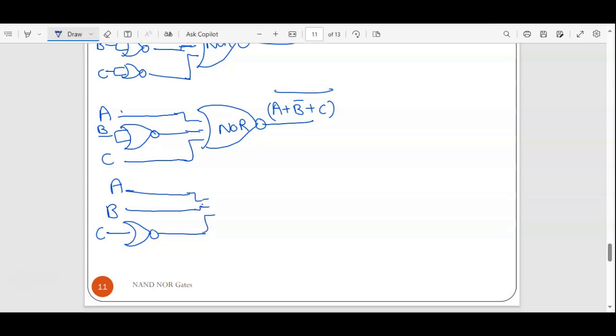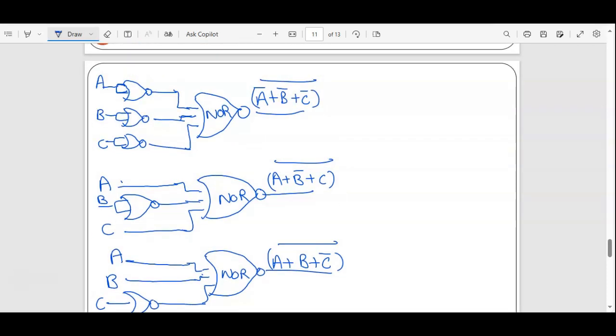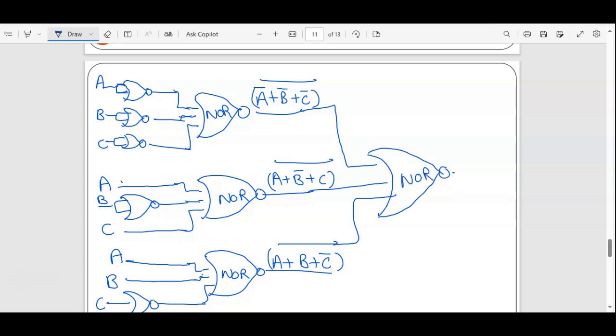So here I am again drawing one NOR gate, okay, and this NOR will give you A plus B plus C bar and whole bar, right? So all the expressions are done, and they all are connecting again with the AND gate. So that also we have to replace with NOR only. So just draw one more NOR gate. Okay, NOR, and you are done.